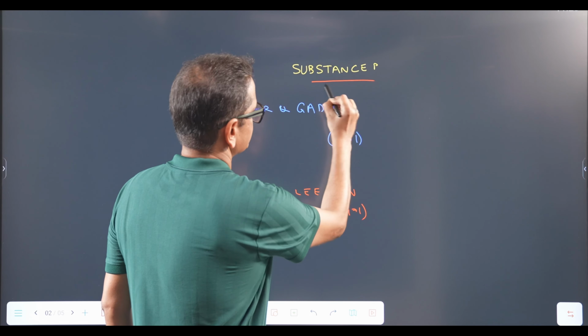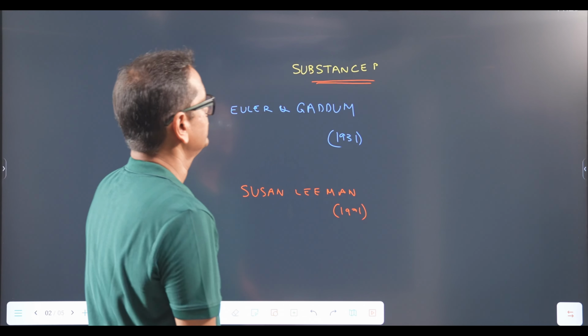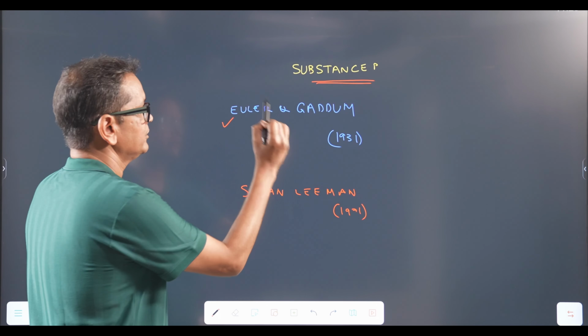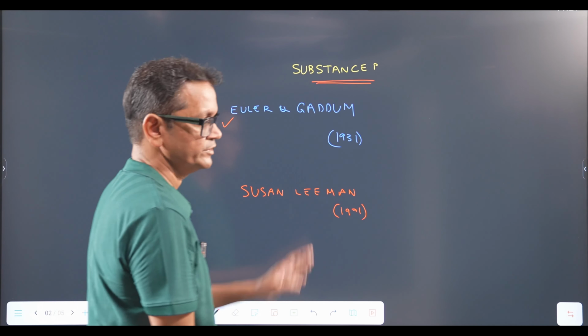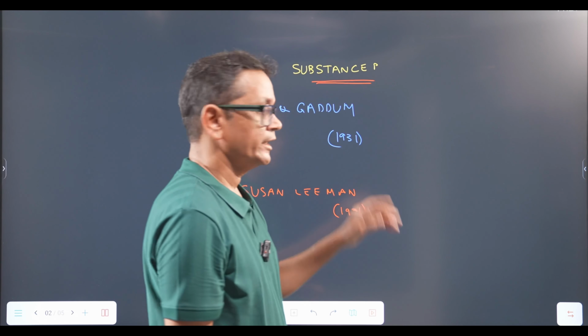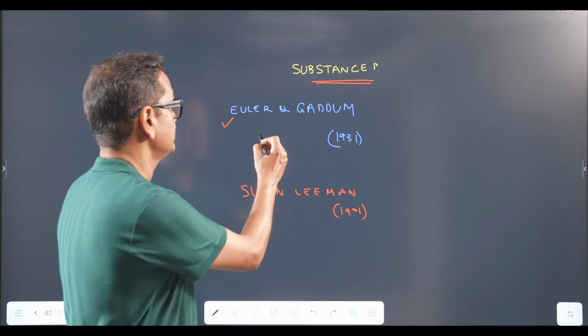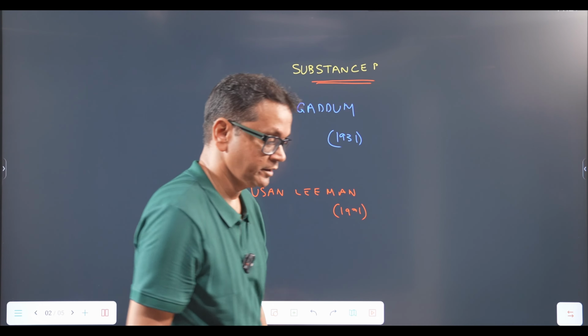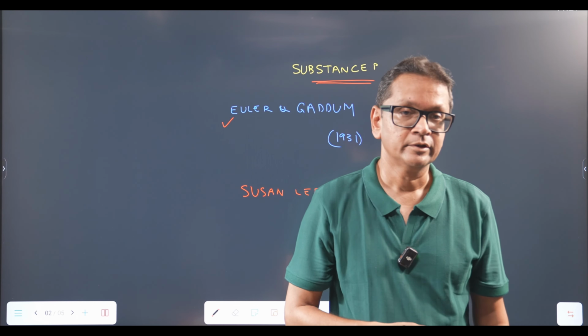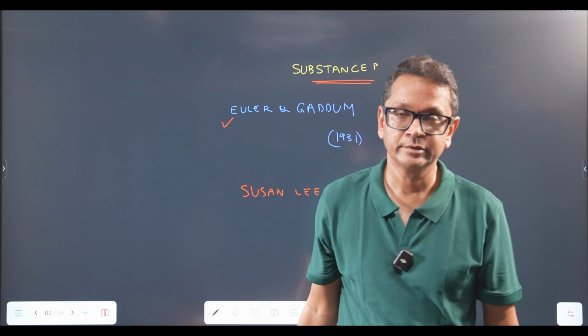So what is this substance P? You know anything about Euler, a Swedish physiologist, and Gaddum from UK? Almost a century ago, these two did research at London in the 1930s, '31.